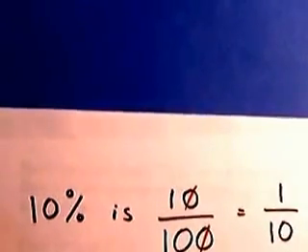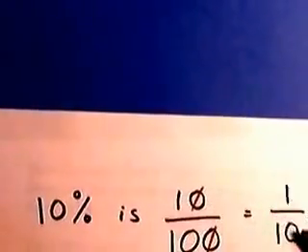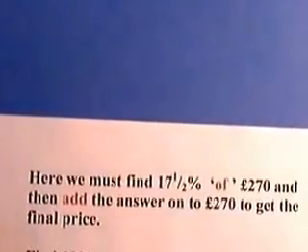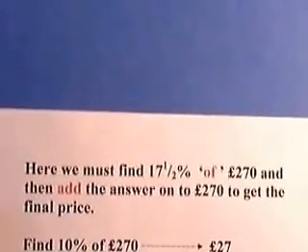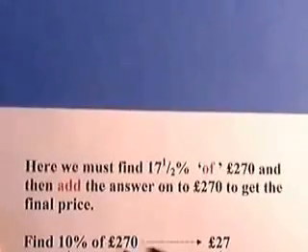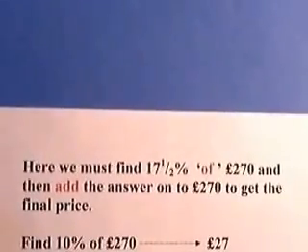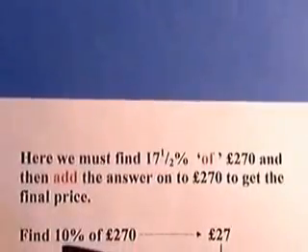That 0 can cross off with that 0, leaving us with the fraction 1/10. So 10% of anything is really 1/10 of it. In this question, we're looking for 1/10 of 270. We just cross that 0 off and we get 27. So we now know that 10% of this is £27.